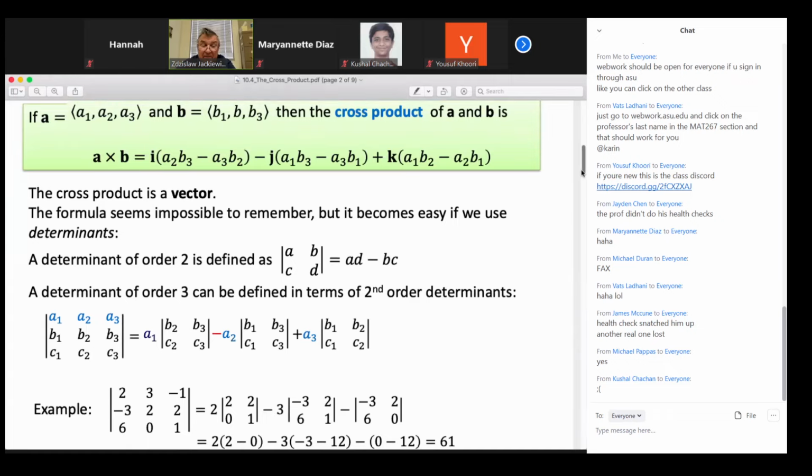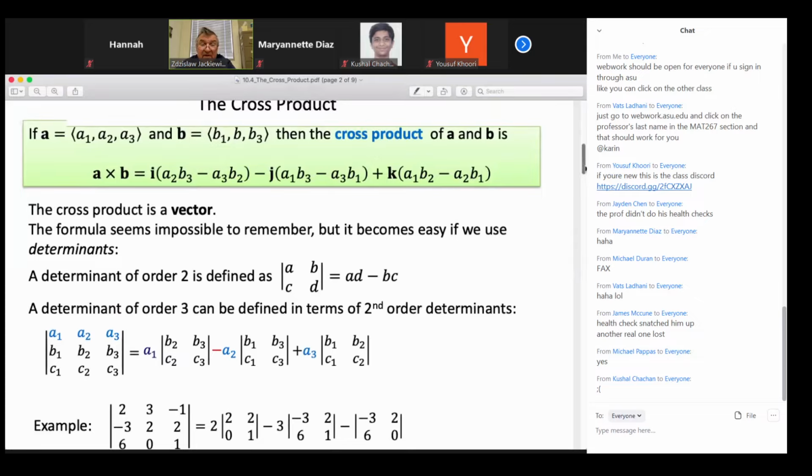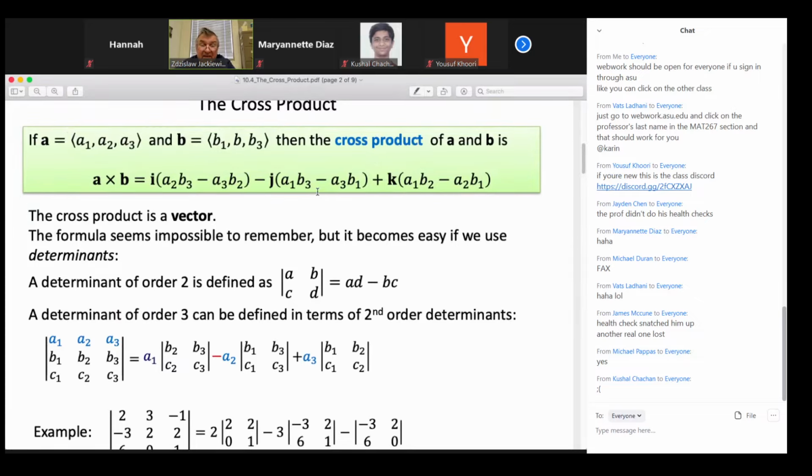So now, here is an example of how to compute. But now, if you compare this and this, you see that this is the determinant of the following matrix.